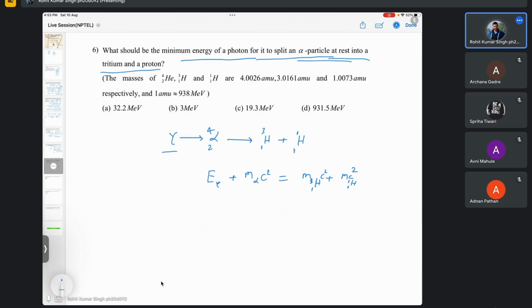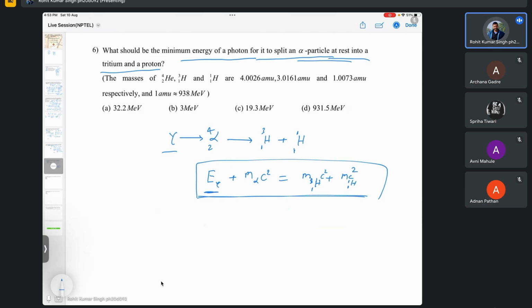Is it fine? So subtraction should be happening, right? From the alpha particle we're getting two things, so that much energy needs to be removed. Yeah, that is true. But this should be fine, right?